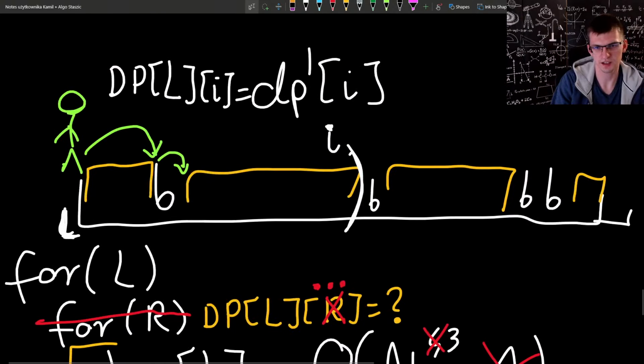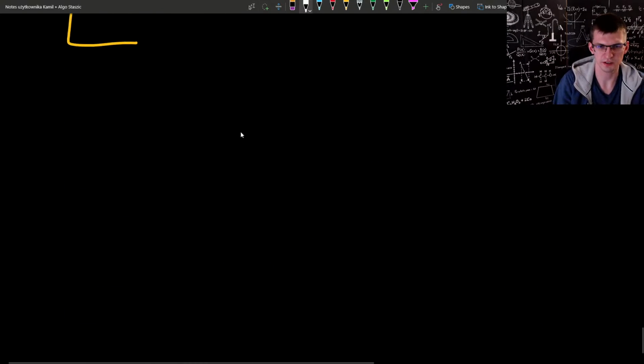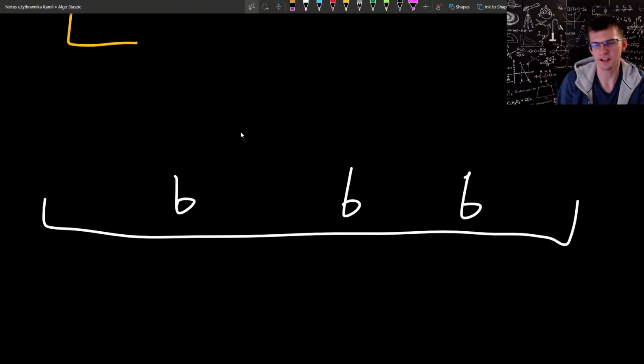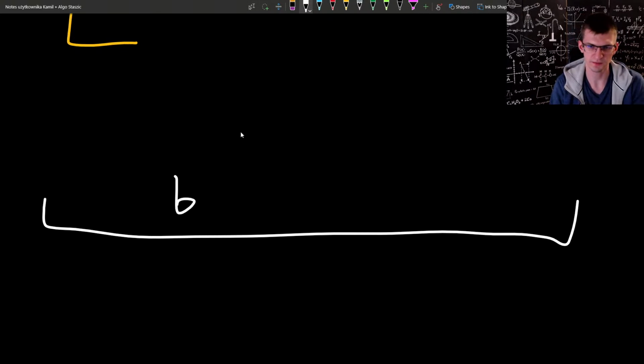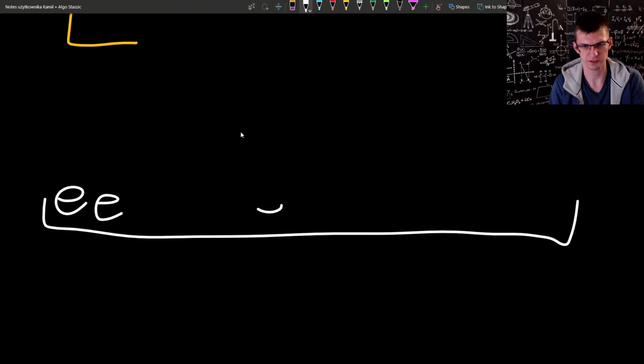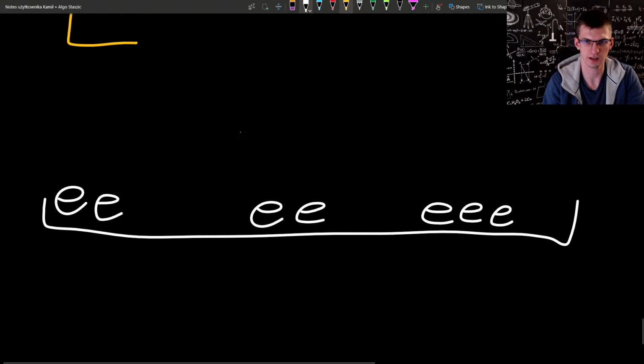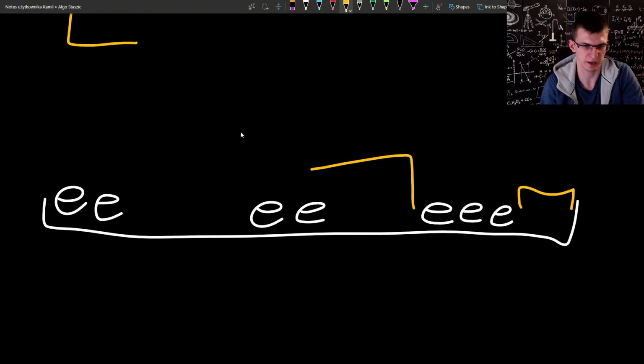The reason for that is that we deal with some string, and if there are characters b here, it seems strange to, as the first operation, cover everything with b's, because in particular we unnecessarily cover the first and last element with that. Instead, if there is character e at the very beginning, maybe with some more, it is optimal to say that the first operation is to use e, and then split the rest into yellow intervals, maybe covering some e's.